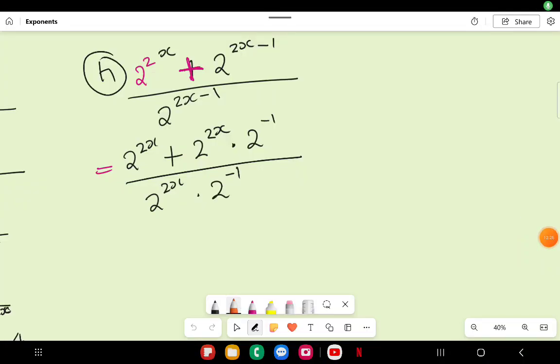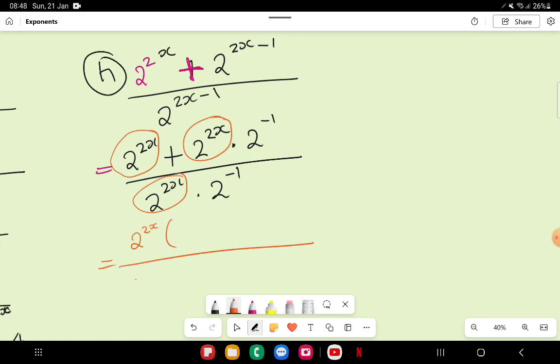Next up, we're going to take the highest common factor because we have that addition. So the 2 to the power of 2x is common on all three. I'm going to put that on the left hand side. 2 to the power of 2x on my numerator, and then 2 to the power of 2x on my denominator.